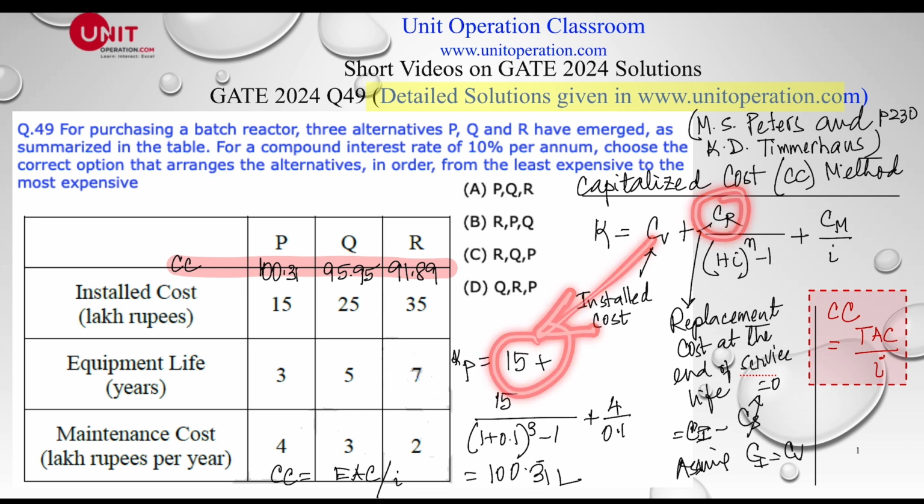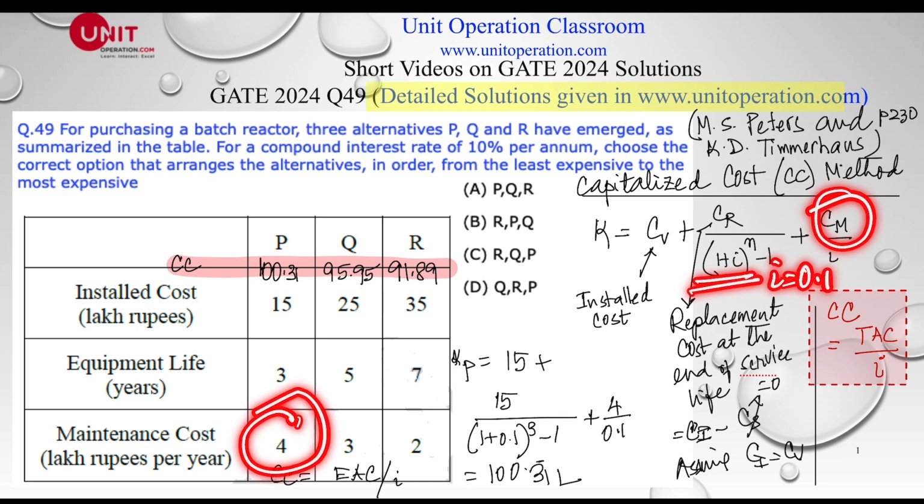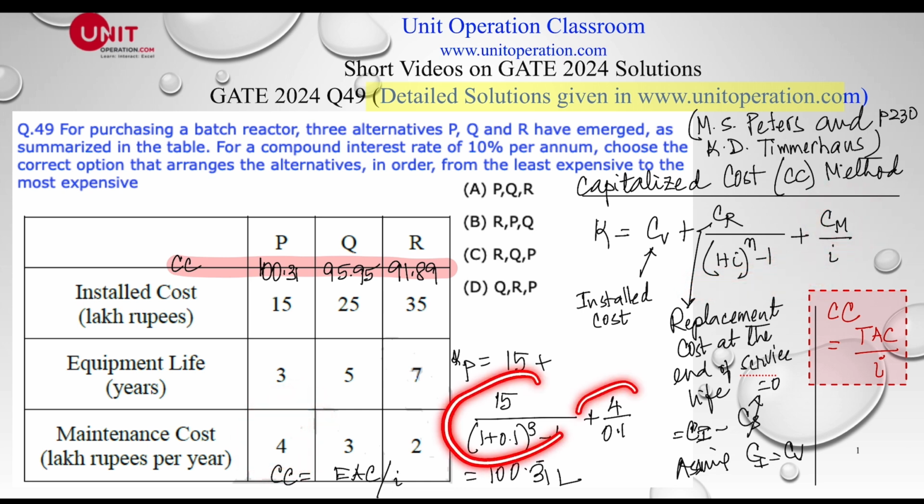So CR again is equal to CV, which is 15 right here after 3 years, and this value I is equal to, of course, 0.1, and CM, of course, is equal to 4. So that's the one, and that way we get around 100.31 lakhs. So that's for P. Similarly, the calculations for Q and R are shown in the website.